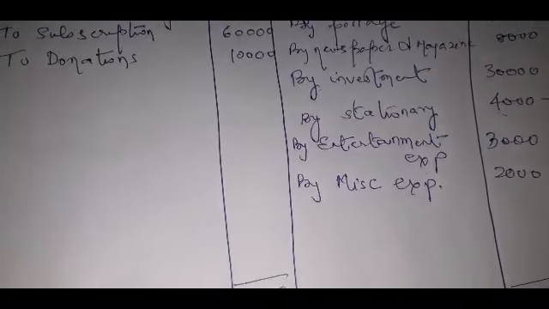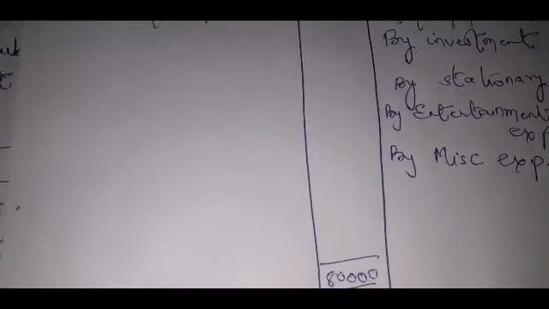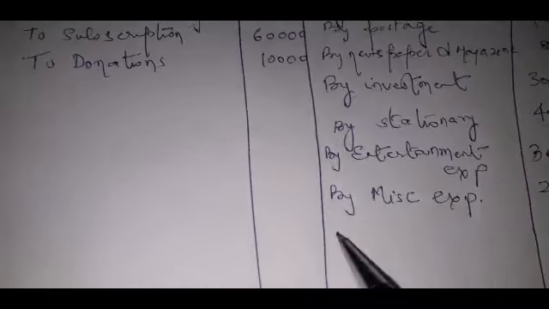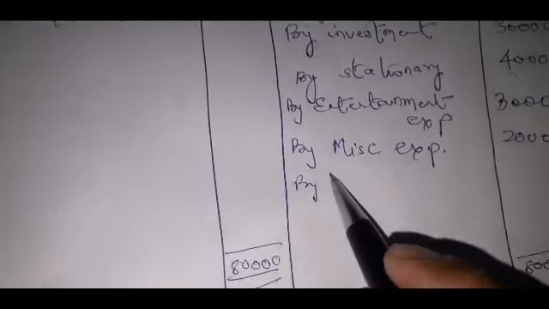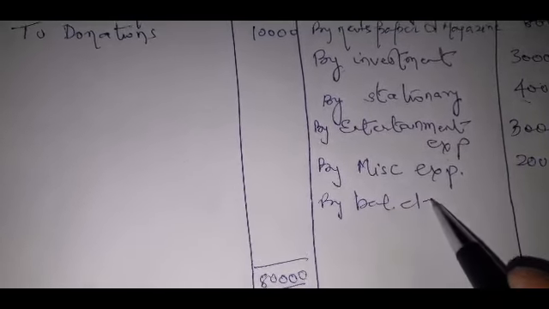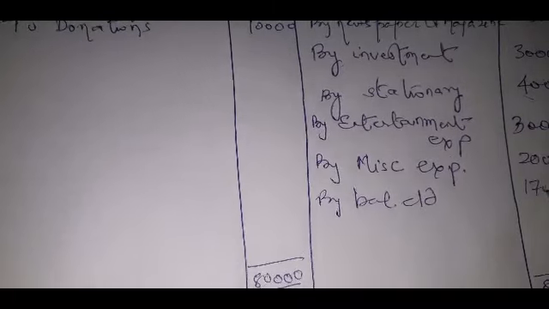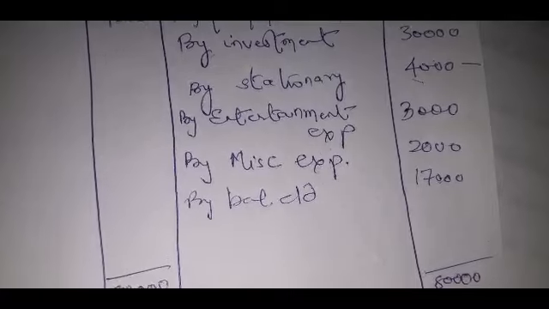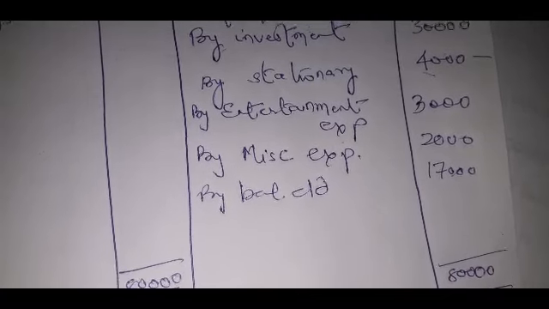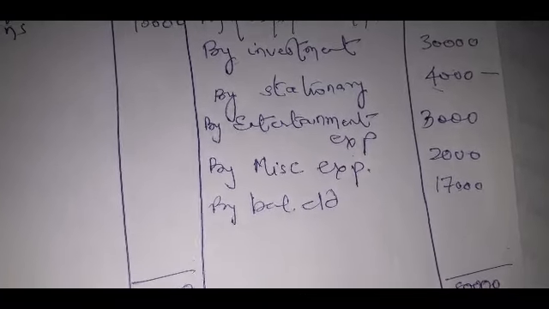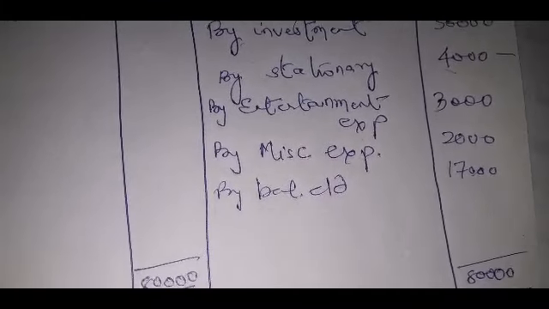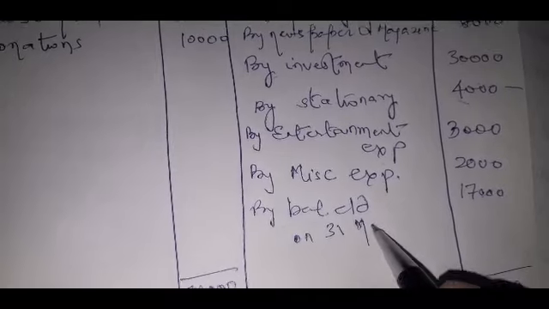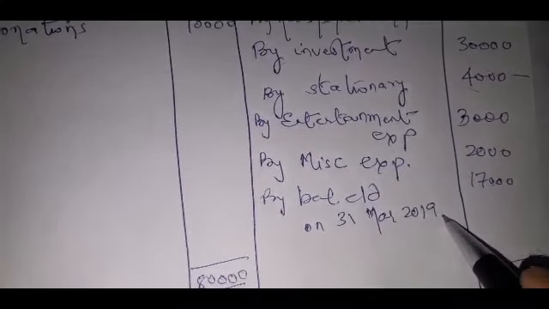So the difference between the receipt side and the payment side will be posted as by balance carried down. That's 17,000 rupees. This is the closing balance of cash on 31st March 2019.